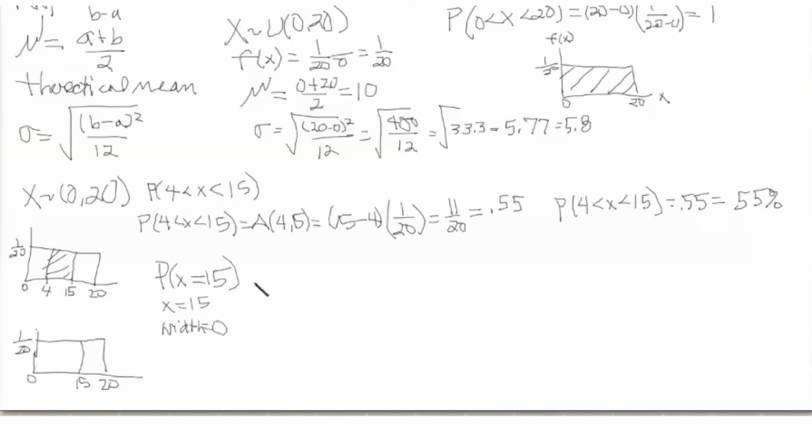So when I go to solve the area of 15, my width is going to be 0 times the height 1 over 20, which is just going to be 0. So that tells me that the probability for getting any individual number is going to equal 0.